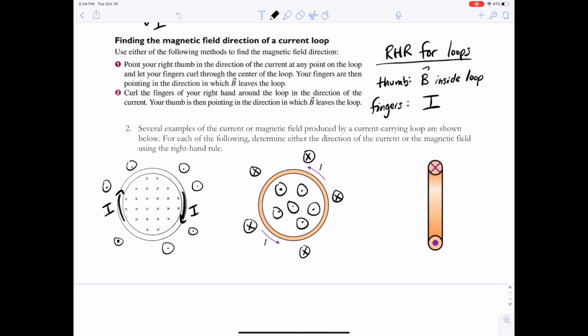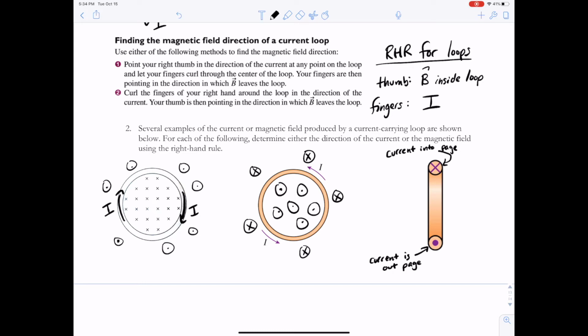For the example on the right, this X at the top tells us that the current in this loop is going into the page, and the dot at the bottom signifies the fact that the current is coming out of the page. And this figure, again, is obtained by rotating something like the figure in the middle 90 degrees so that it's on its side.